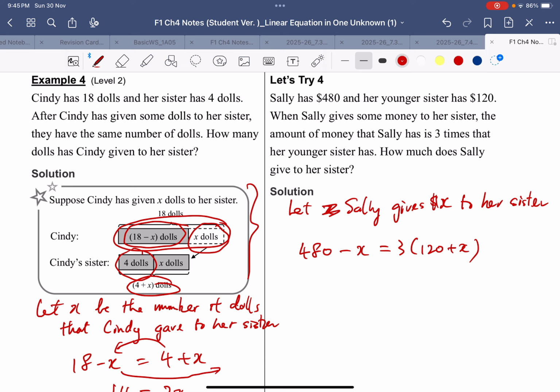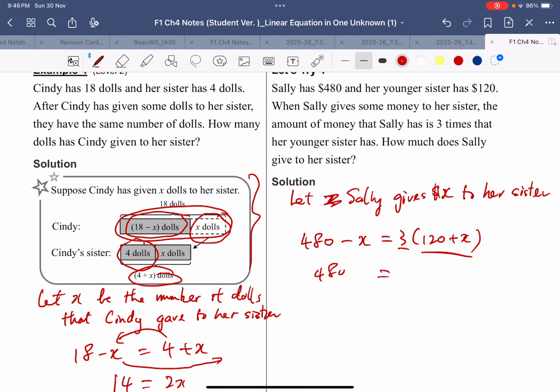After giving x to her sister, still Sally has 3 times what her younger sister has. So 3 times what her younger sister has. And then solve it. Okay? Remove the bracket first.